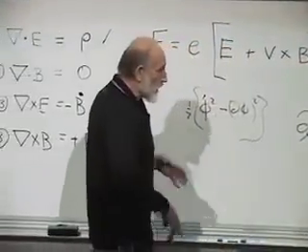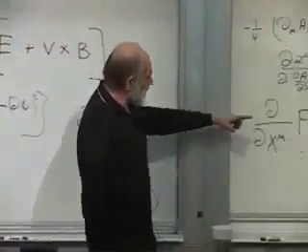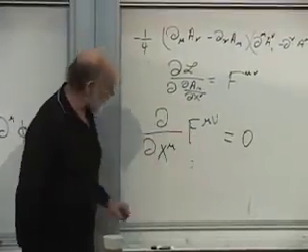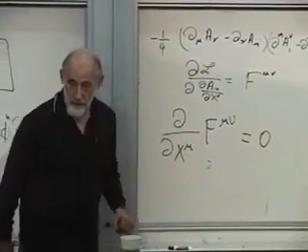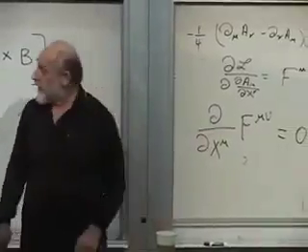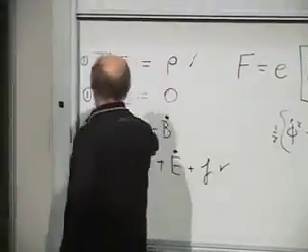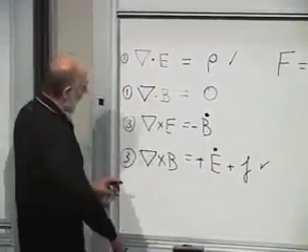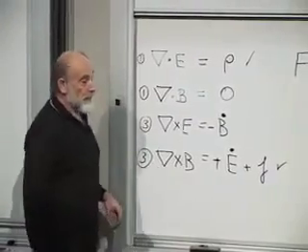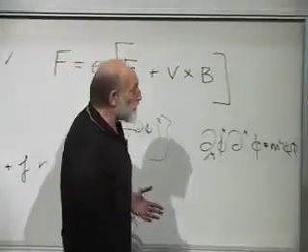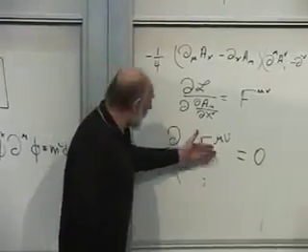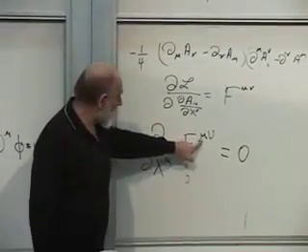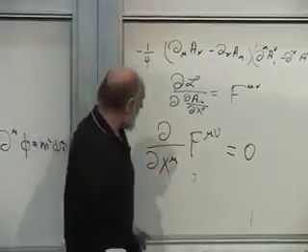But without the current, how many equations are these? How many equations do I have here? 4 equations. How many equations do I have here? 1 equation and 3 more. That's exactly what these equations are. In particular, if you plug in for F, let's take a little piece of it.